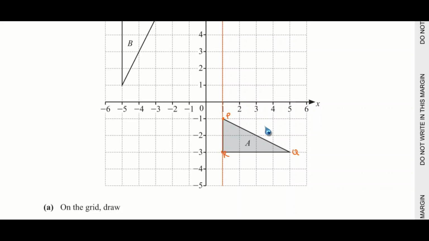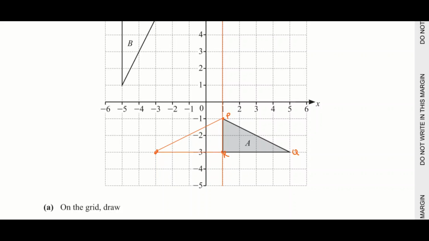Only point Q goes to the other side, and from here, if you count 1, 2, 3, 4, this is what you have here. Then let's connect them together. We're going to have something like this. This connects to this, and this connects to this.